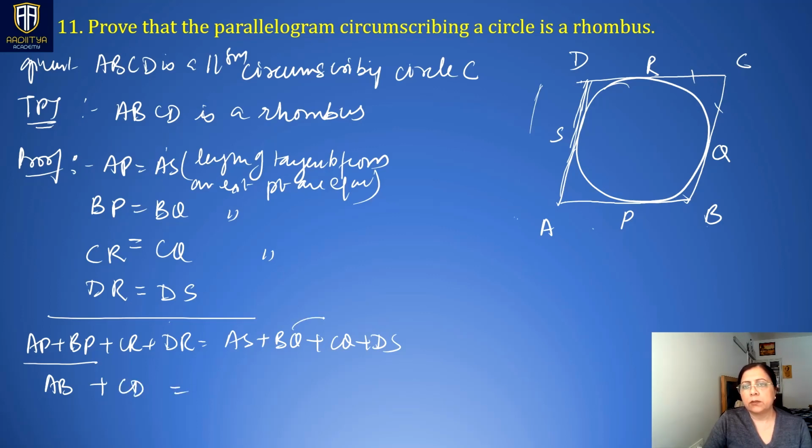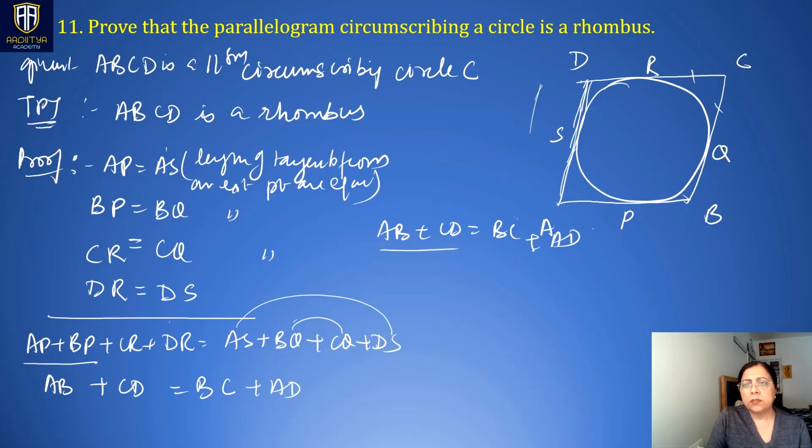AS, okay, we can add them first. BQ plus CQ. BQ and CQ add up to BC. And then AS and DS add up to AD. We had done this much in a question earlier also. So now what we can say that AB plus CD is equal to BC plus AD.